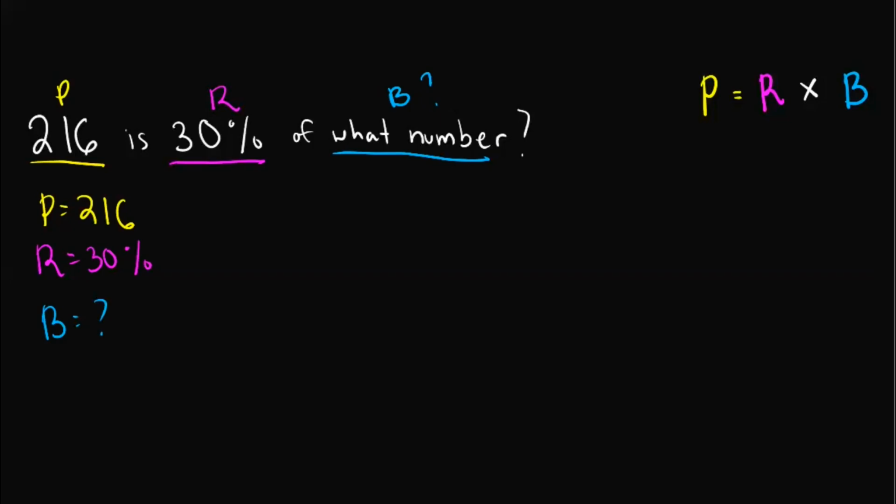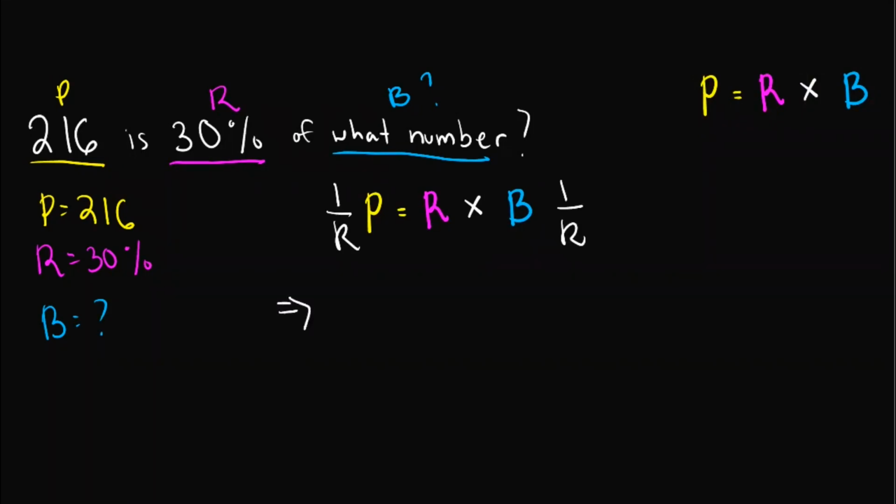So going back to our formula again, we would have this one, and we can actually convert this one to our desired value. Since we are tasked to find the base, we can divide the rate on both sides like this one.